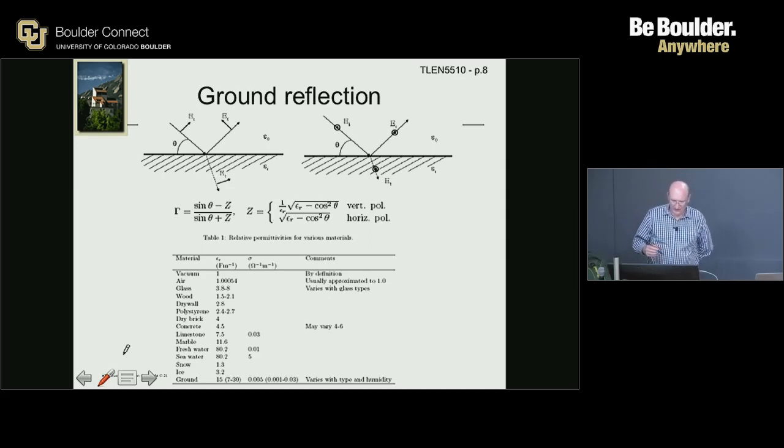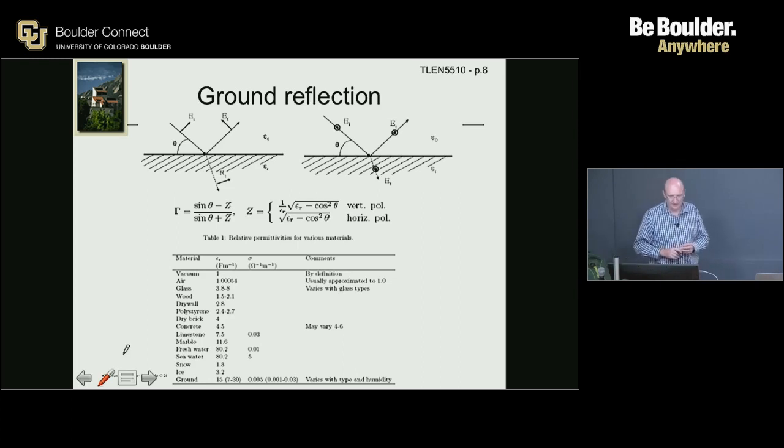What really happens, though, is that the reflection coefficient is not exactly 1 or -1. It depends on a number of things, including the angle of incidence, theta, and, of course, the type of ground. Really a couple of parameters of the ground.